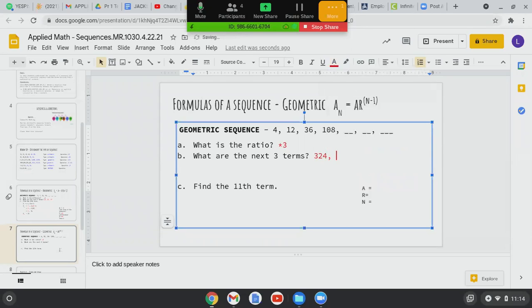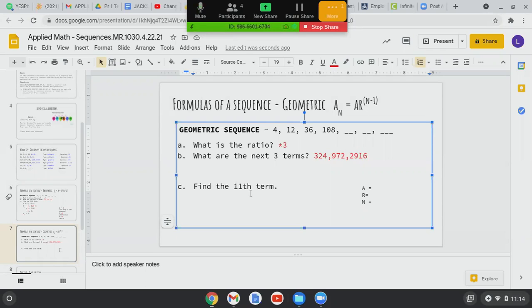Go ahead. 972. And what's the last one of the 3? 2,916. Okay. So now those are the next 3 terms.